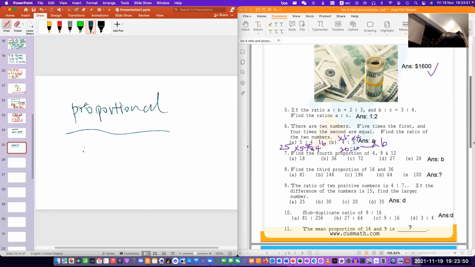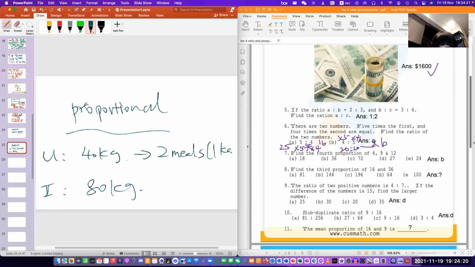Okay, I guess you are 40 kg. So this is your weight. My weight is 80 kg. So proportionally, you are supposed to eat less than me. So probably you eat 2 meals a day, but your 2 meals probably is just maybe 1 kilogram.